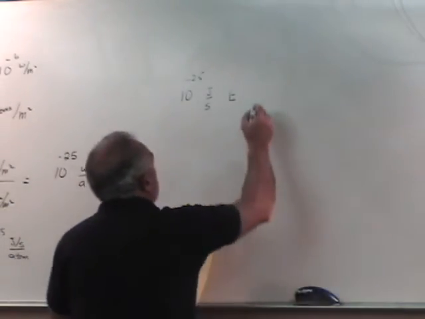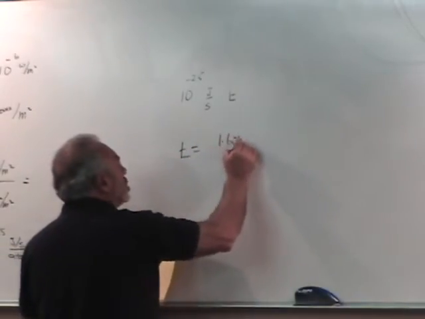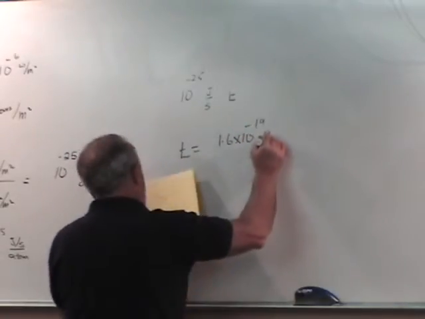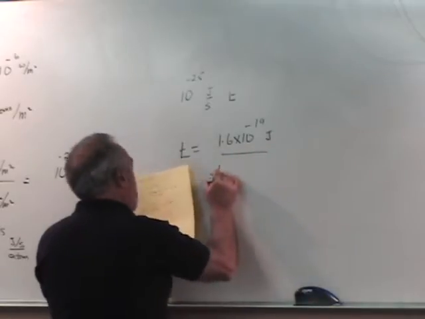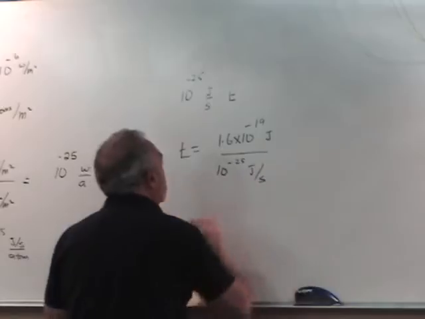And so it turns out that T will equal 1.6 times 10 to the minus 19 joules divided by 10 to the minus 25 joules per second.